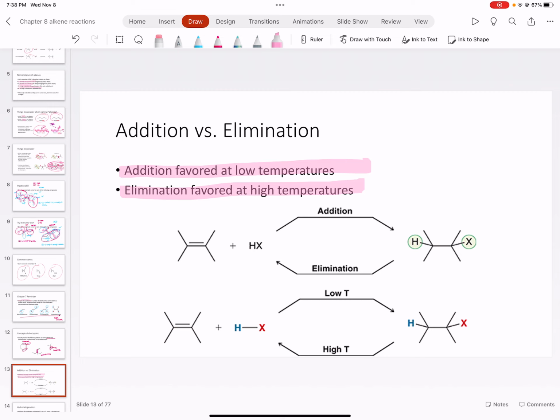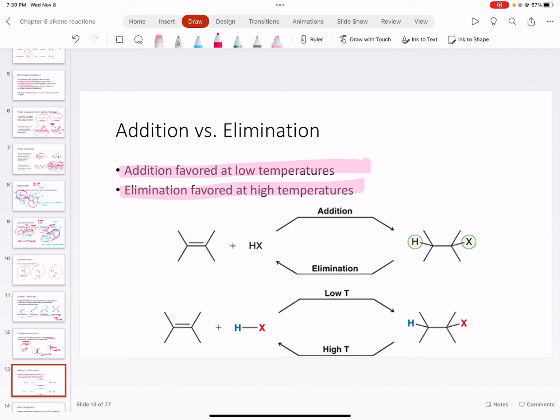So if you think about what type of reaction happens with heat, it's E2, E1, SN1. So you can think about it in that way. What are E1 and E2? They're elimination reactions.